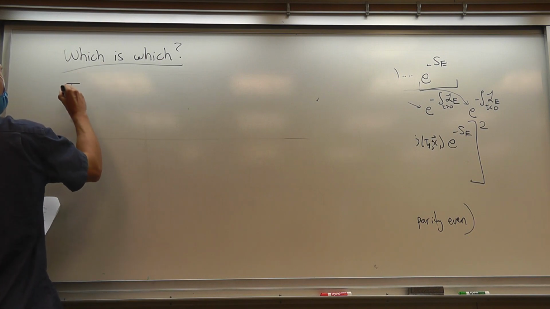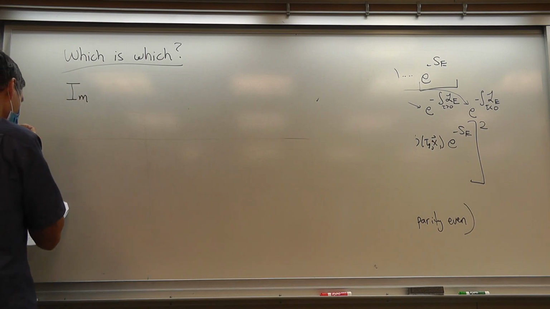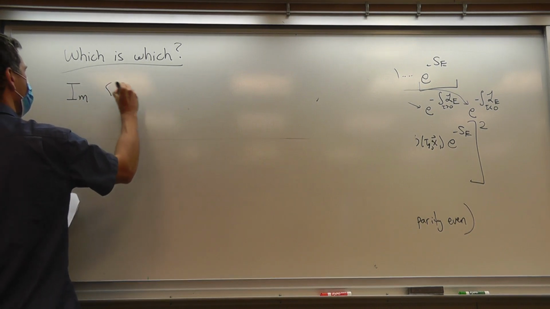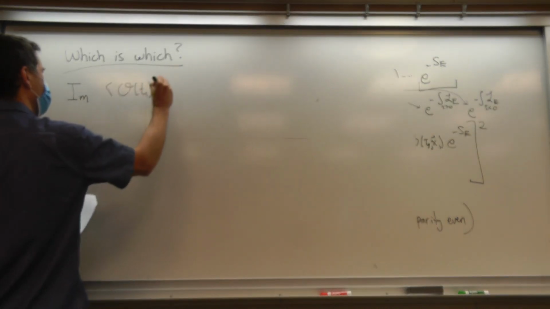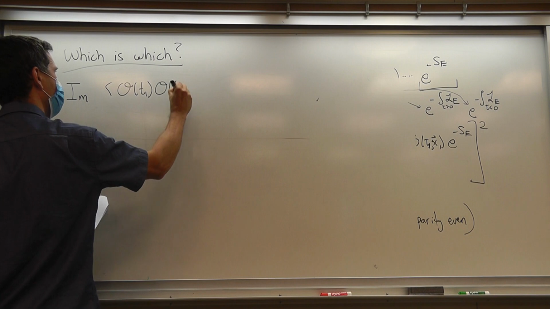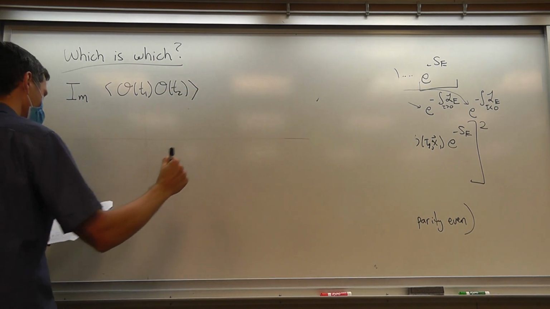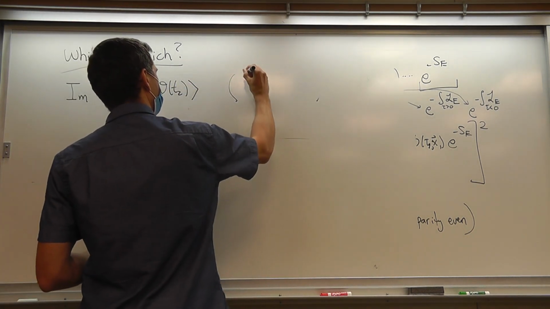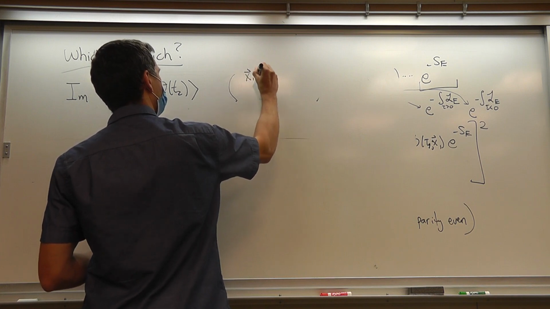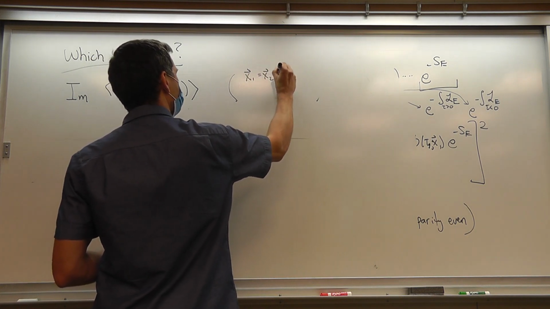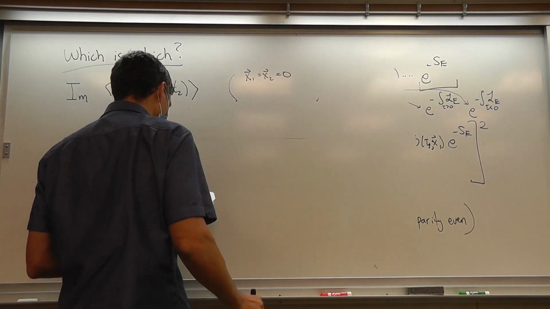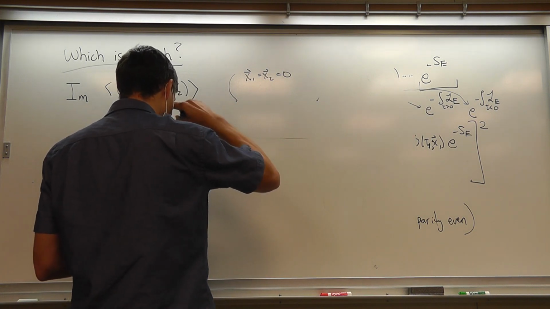Well, let's look at the imaginary part of the Lorentzian correlator, O of t1, O of t2. I've set x1 equal x2 equal 0, just because the positions won't really matter here.